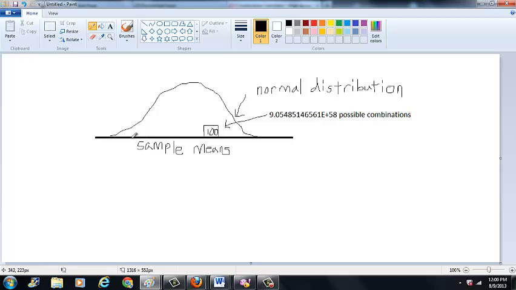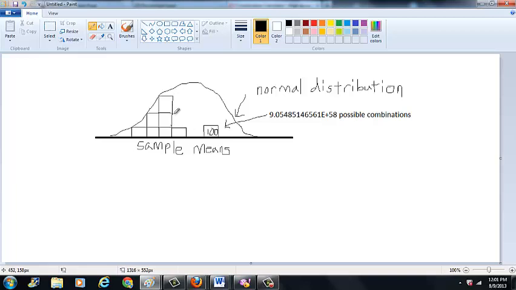What I want you to do is fill in your curve with some boxes, like this. It doesn't really matter how many boxes you make as long as you're filling in the area under the curve as well as you can.